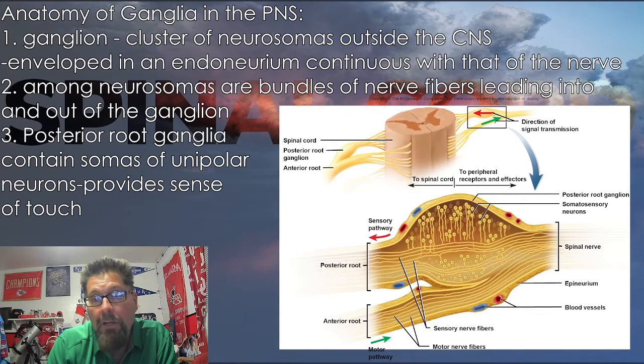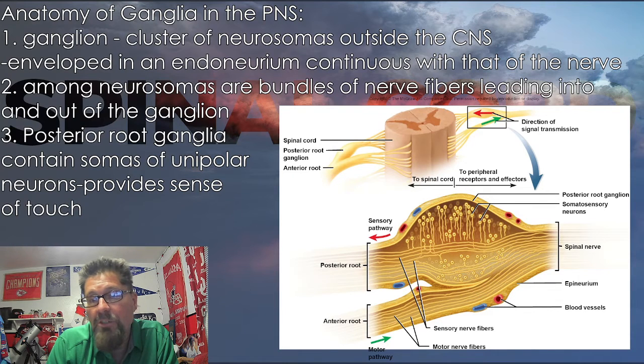If we just talked about one, the posterior or the anterior, that'd be ganglion, singular. But the ganglia are those two together, and essentially it's before or after the split, depending on what direction you're coming from. If you're coming from the sensory receptor, you go through the nerve fiber, and then it splits into the two, and that's the ganglion.